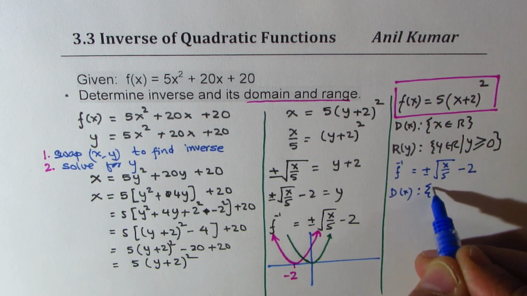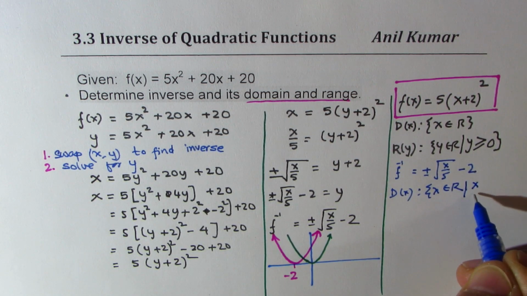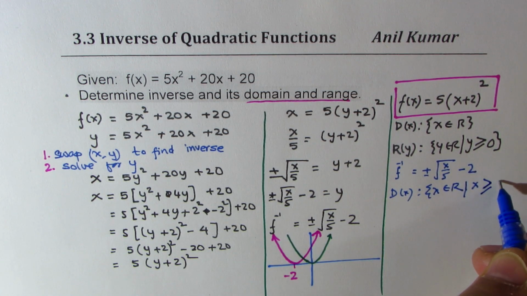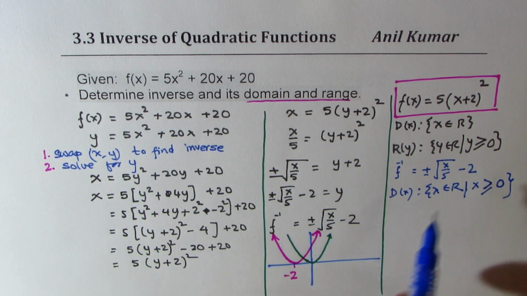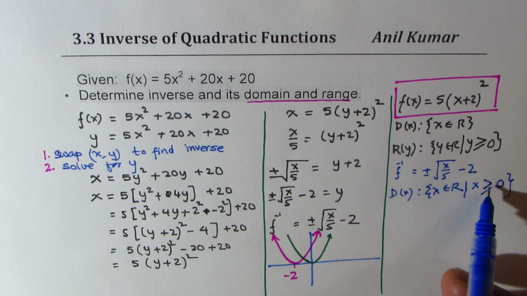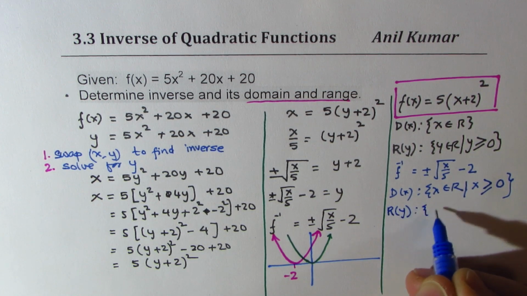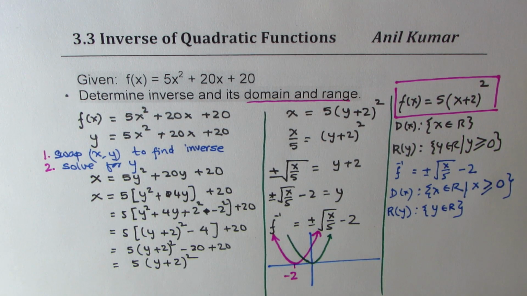So it is x belongs to real numbers where x is greater than or equal to 0. Do you see that? Now that makes sense. Within the square root, you cannot have a negative number, so x is greater than or equal to 0. As far as the range is concerned, for the inverse of the function, it will be all real numbers. So that is how you get domain and range.